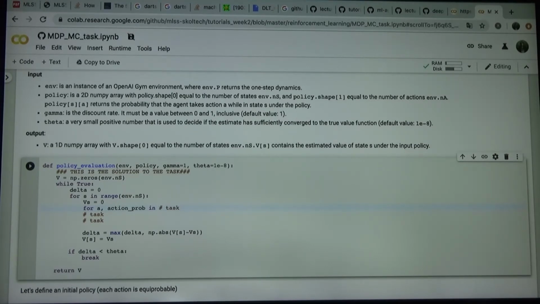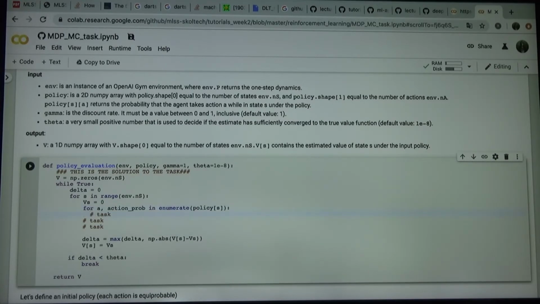So we have some policy, and the policy receives one argument, which will be S.